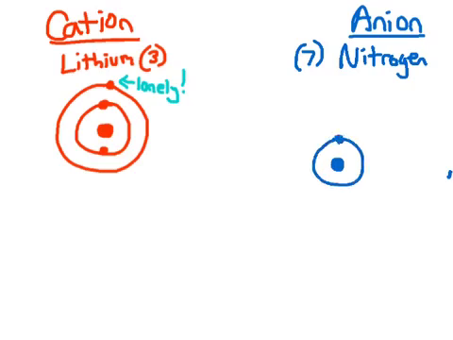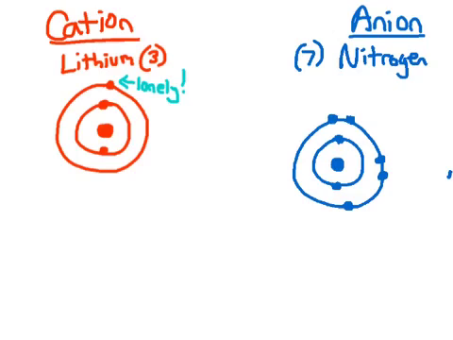So again, the first little orbital can only hold 2. And then I remember in the second one, I can fit up to 8, right? Well, nitrogen only has 7 total electrons, so I've already used 2. How many do I have left to put in there? Only 5. 1, 2, 3, 4, and 5. So if I add up the 5 in the second level plus the 2 in there, I've got my 7 electrons.